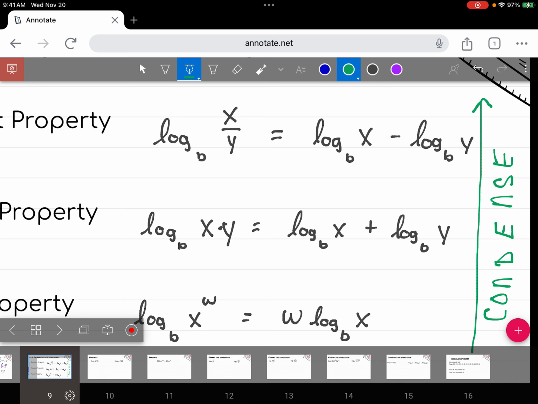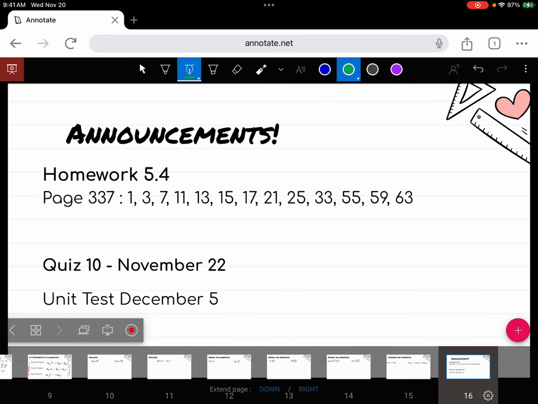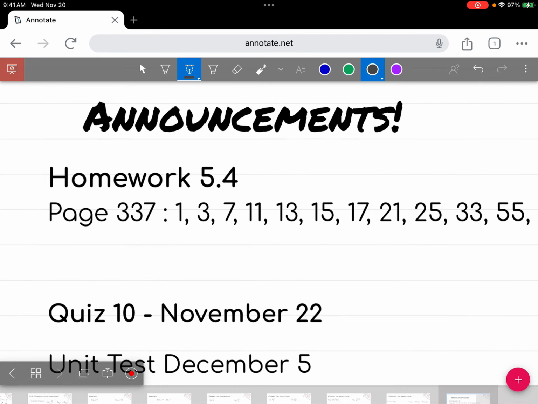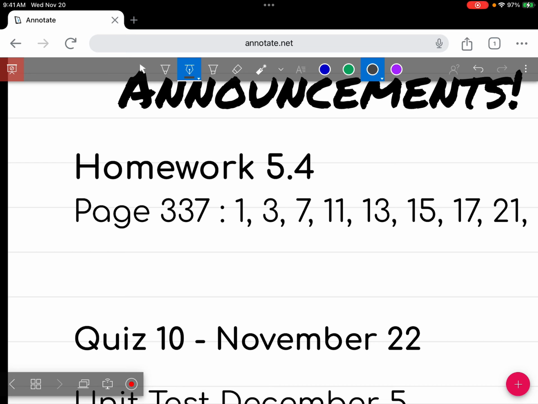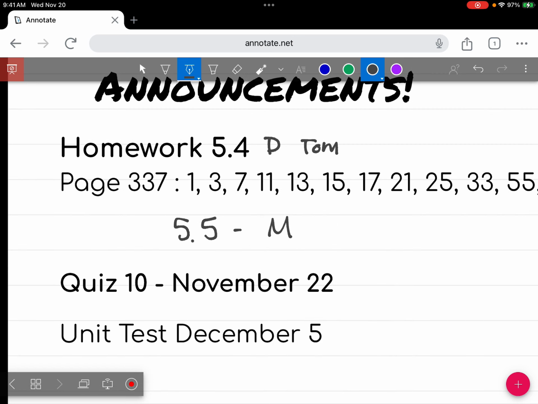So what that means is homework 5.5, which I'll get the numbers for up here in just a second. So this will be due tomorrow. 5.5 will be due the Monday we get back. And the quiz, we are actually going to do take home.